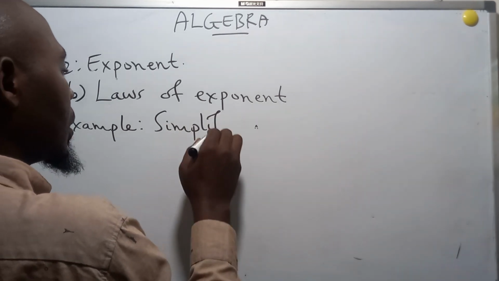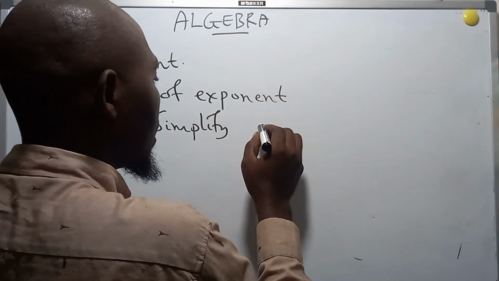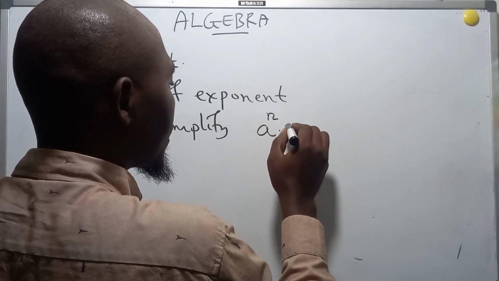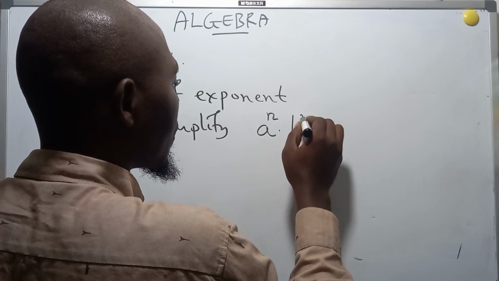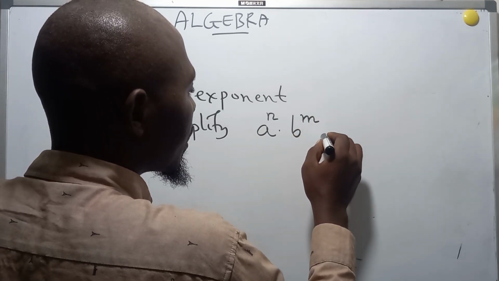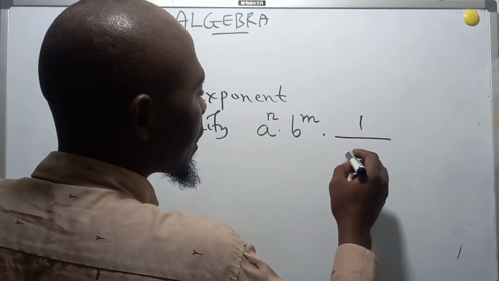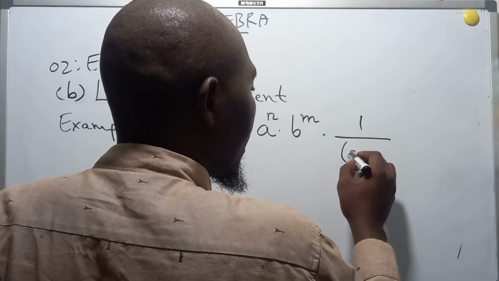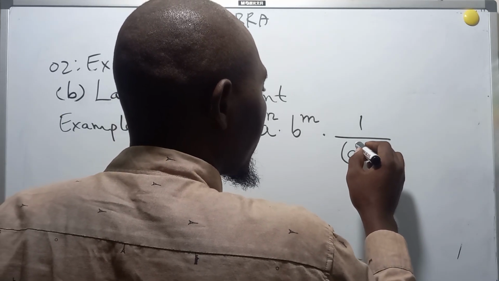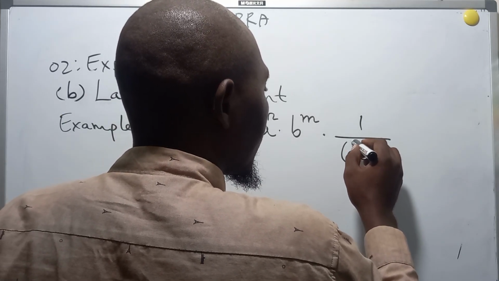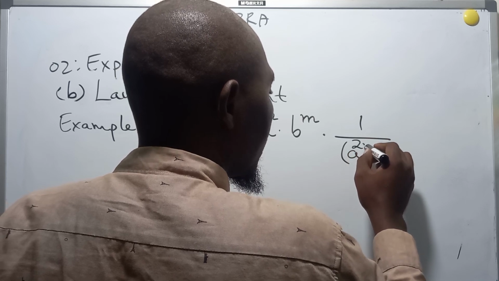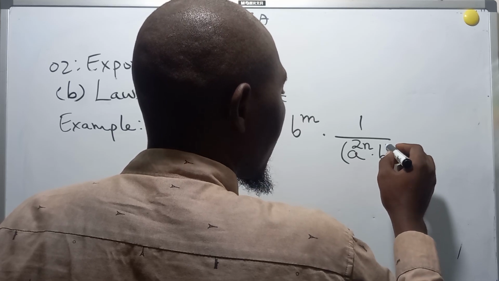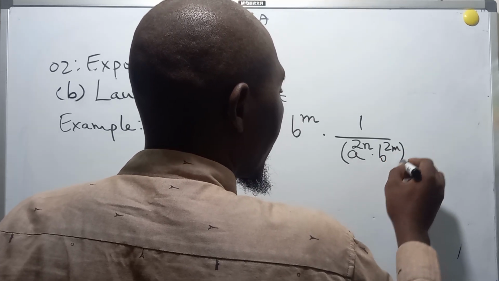Simplify: a raised to the power of n times b raised to the power of m times 1 over, in brackets, a raised to the power of 2n times b raised to the power of 2m.